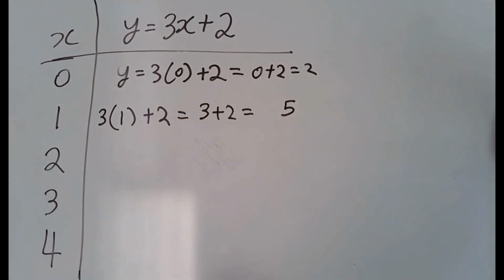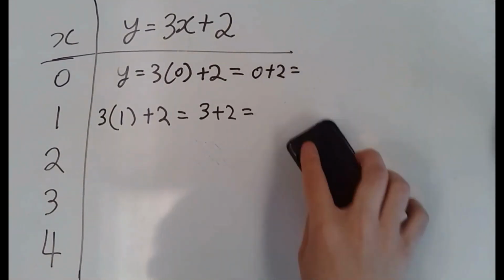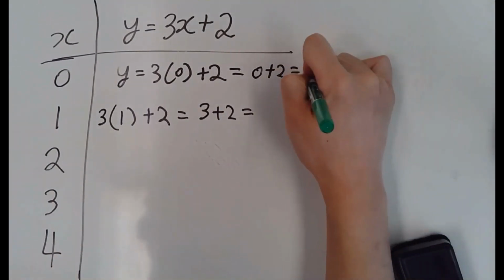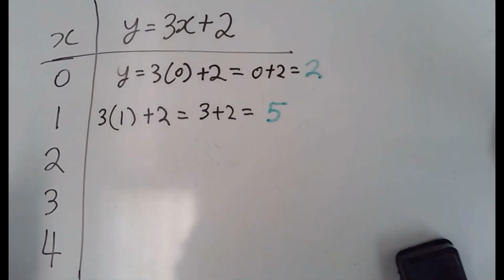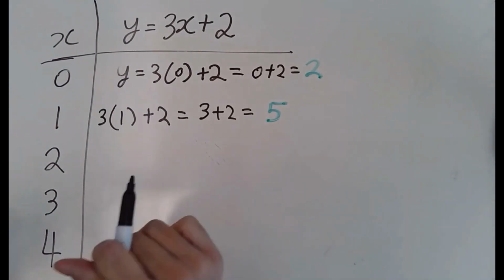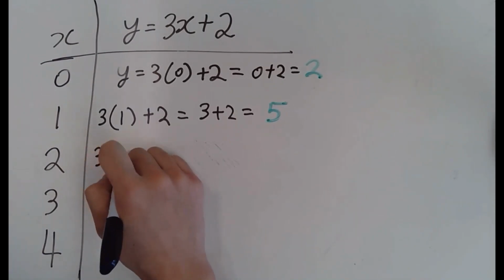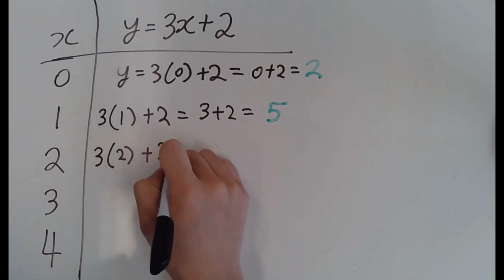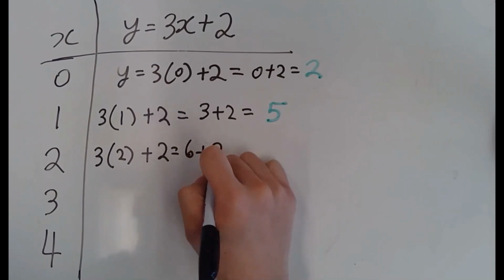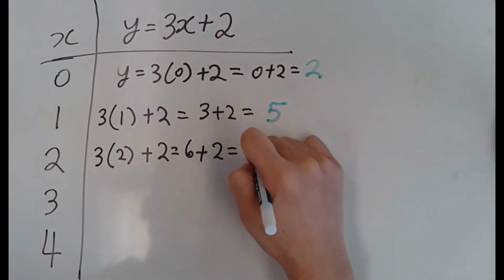I'm actually going to use a different color for the y values. So 2 here, 5 there. And let's continue this until we get to the last one. The next is 3 times 2 plus 2, which is 6 plus 2, which is 8.